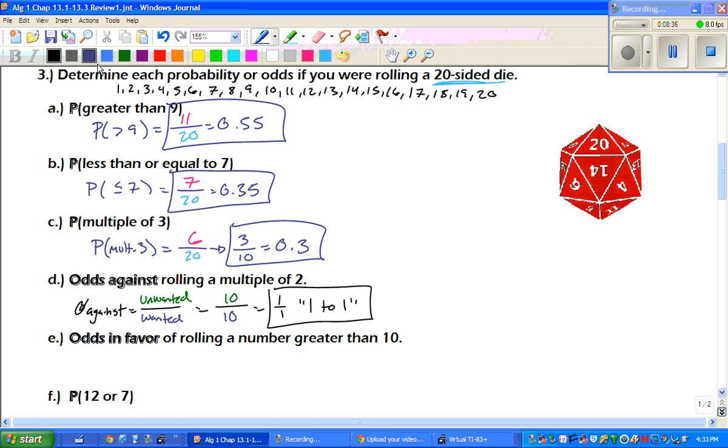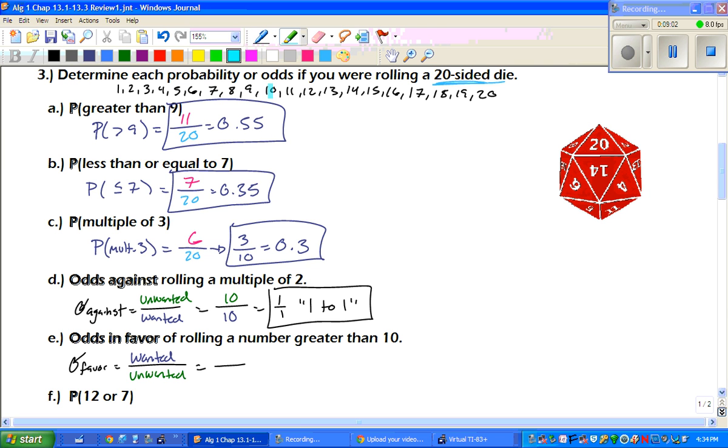So the next one is, what are the odds in favor of rolling a number greater than 10? So odds in favor is when the wanted goes on the top and the unwanted goes on the bottom.